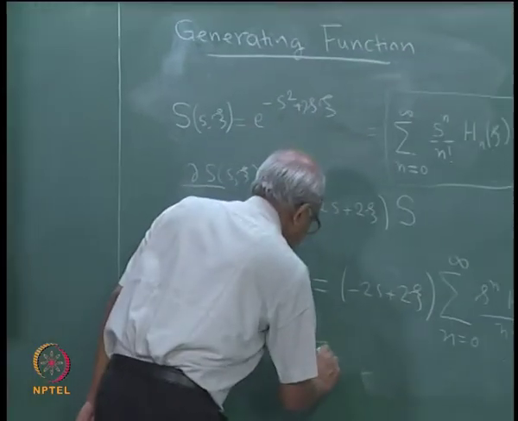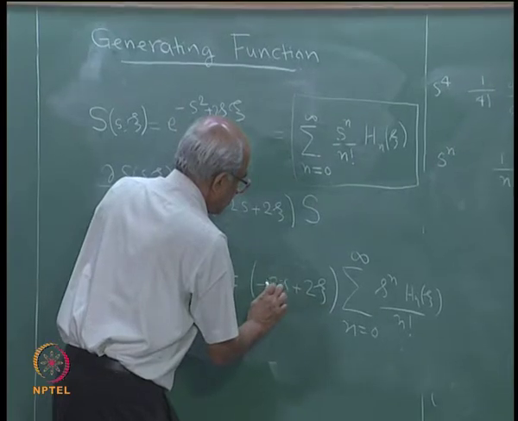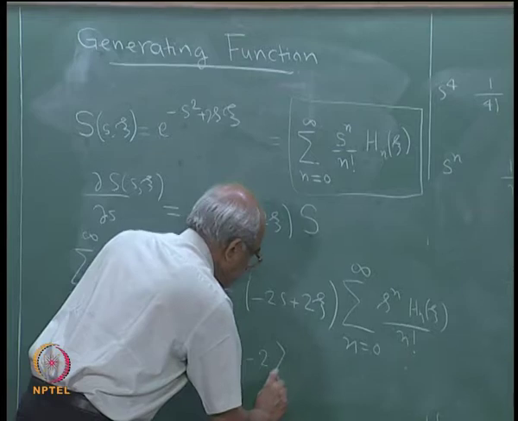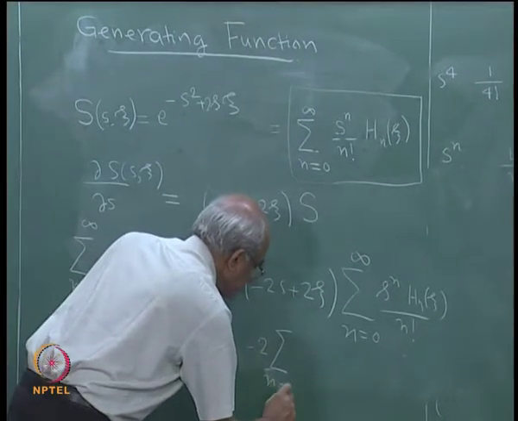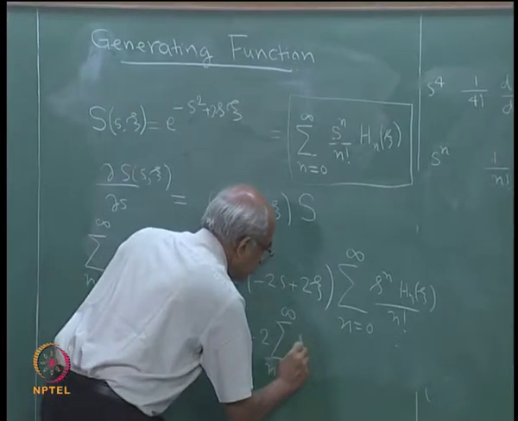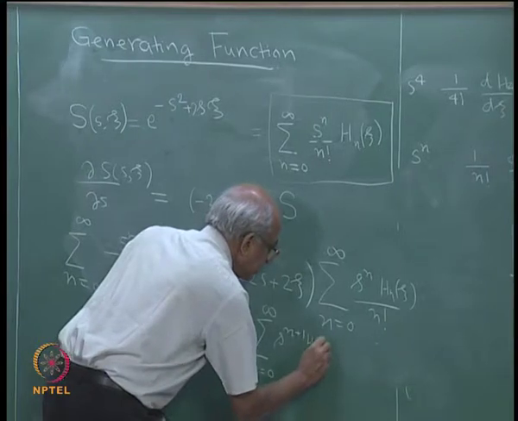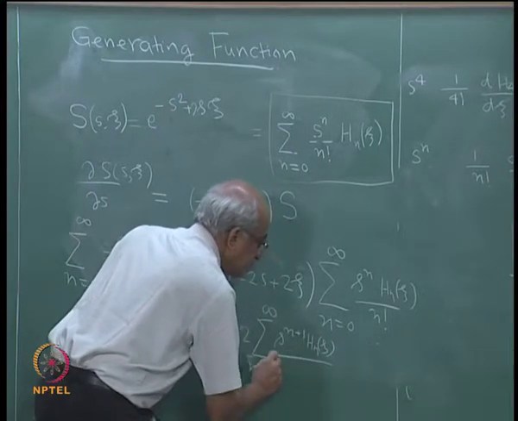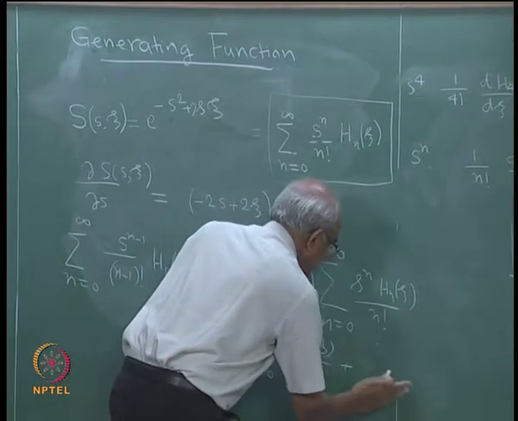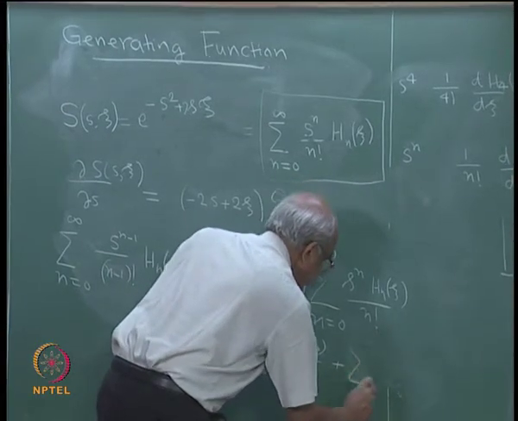The right hand side, let me just rewrite by splitting the terms. You will have this term minus 2 sigma n going from 0 to infinity. If you took this s inside, you are going to get s to the power of n plus 1 Hn of C divided by n factorial, plus sigma, well, there is a c sitting outside, maybe I will take it inside.